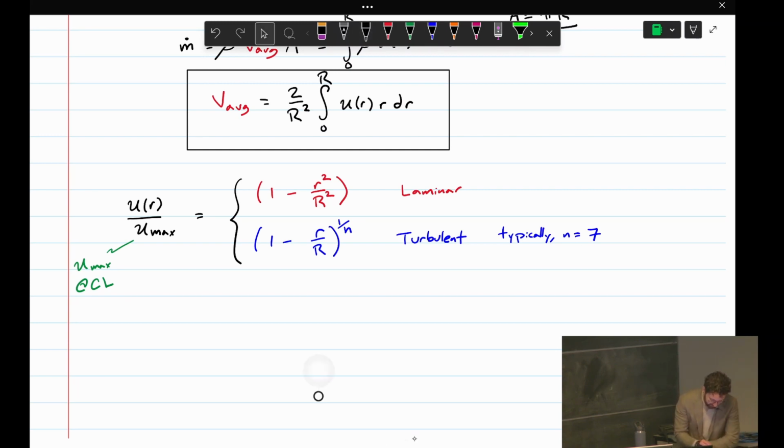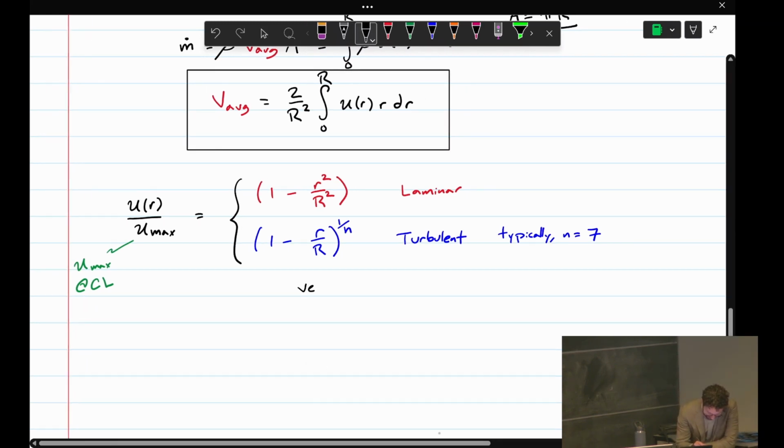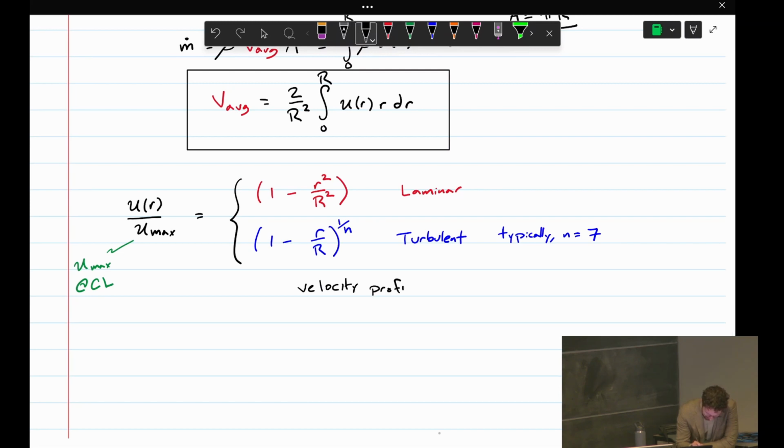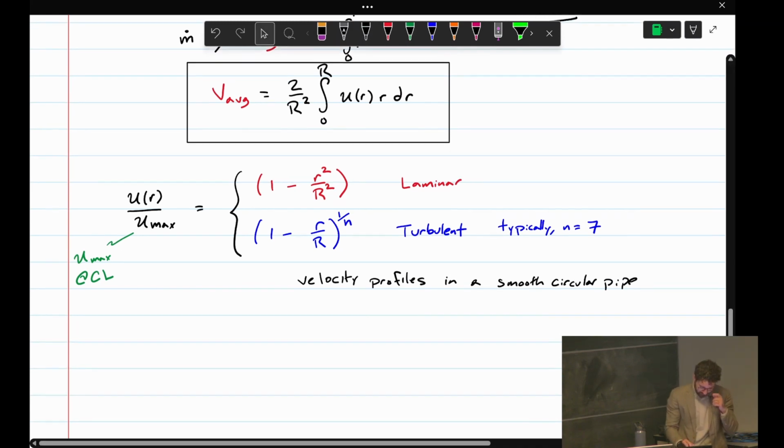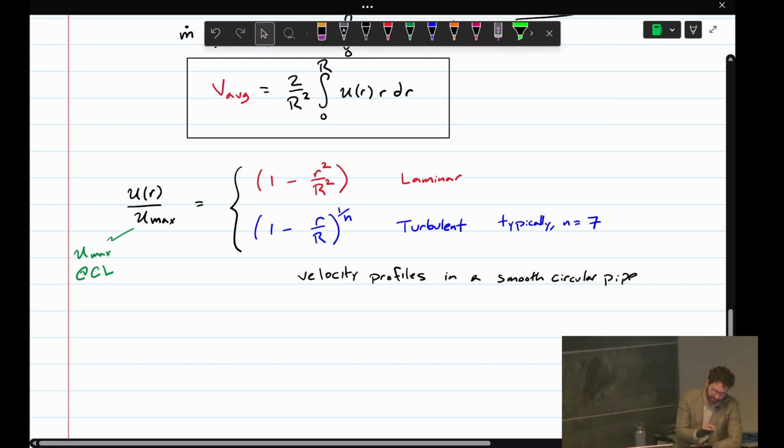So these are velocity profiles in a smooth, circular pipe. There's one more qualifier, which is that this is fully developed.